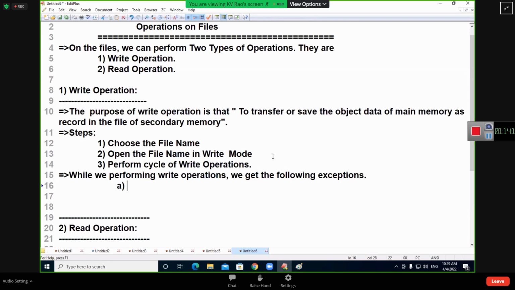One is IO error. I'll explain in the class. Second one is OS error. Next, the third one we are going to get is file exist error. These are the three exceptions coming in write operation.